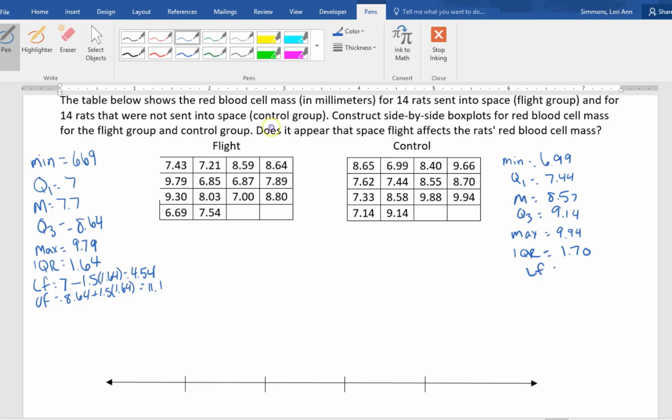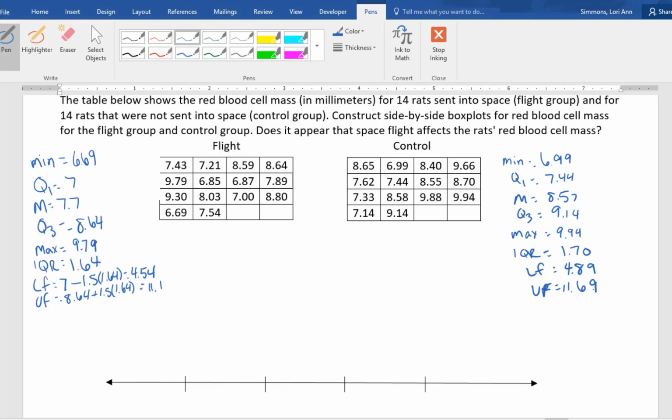Your lower fence is 7.44 minus 1.5 times 1.7, which is 4.89. And your upper fence is 9.14 plus 1.5 times 1.7, which is 11.69.